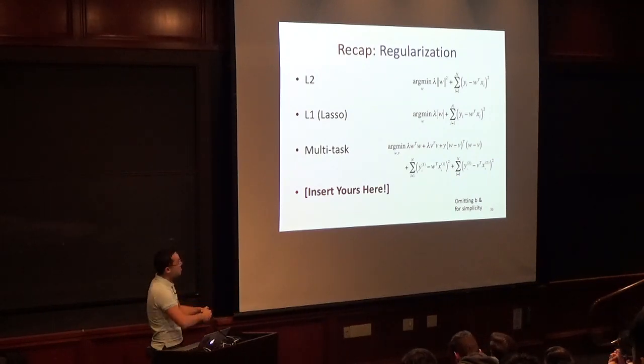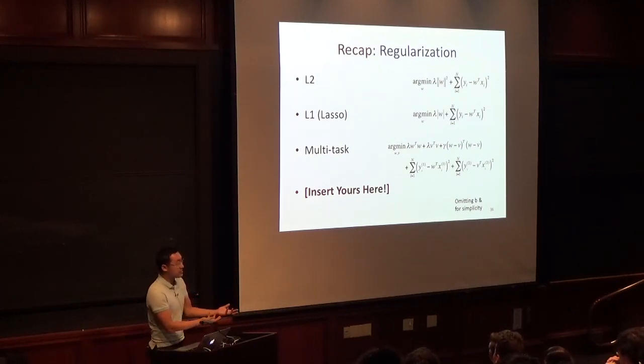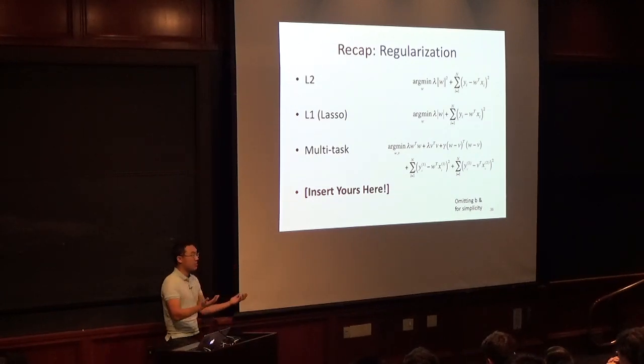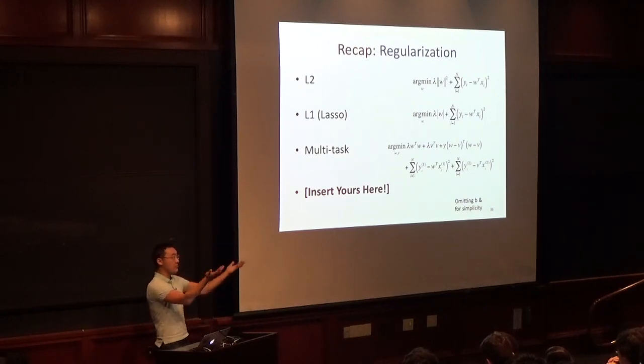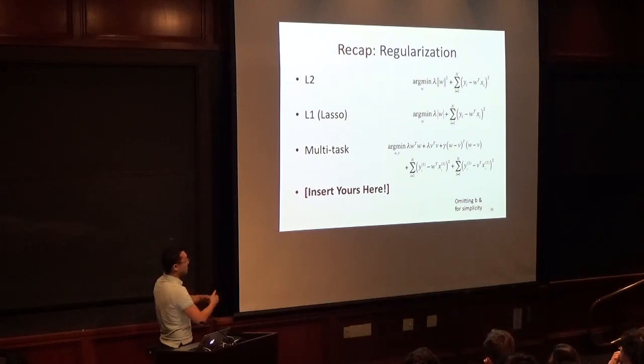Multitask is one that I kind of made up for the purposes of this lecture, although other people use it as well. But I just thought, I have two small data sets, I know the tasks are related. How do I encourage the two vectors to be close to each other without overruling the training data? I came up with this regularization. So you can come up with your own as you look at more and more complicated learning problems.